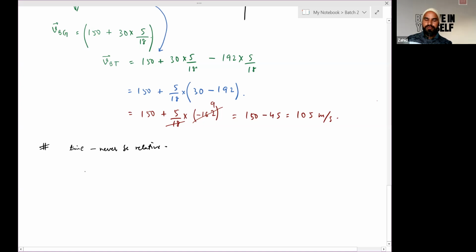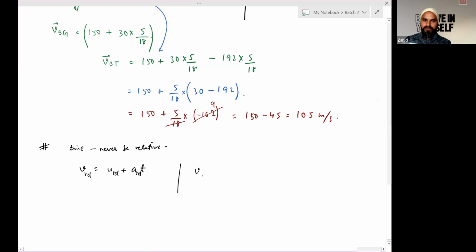So using equation of motion, as we had v is equal to u plus a times t, in case of relative motion, it will be v relative is equal to u relative plus a relative into t. And each relative term must be defined within the same system.